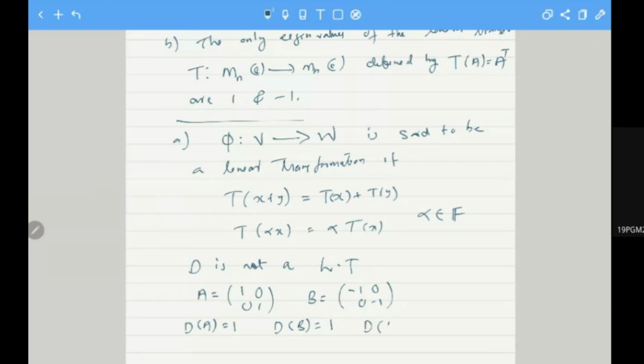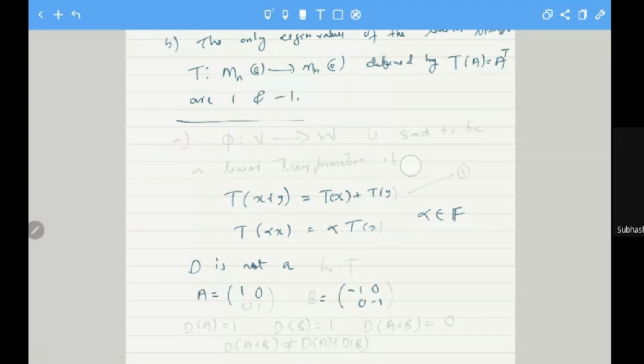But what about D of A plus B? It is 0. So D of A plus B is not equal to D of A plus D of B. The first property is failing, right? So D is not a linear transformation.